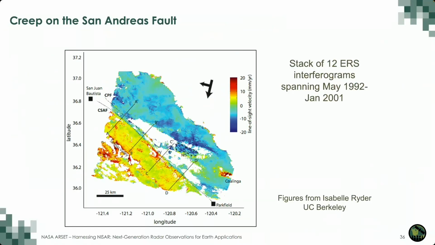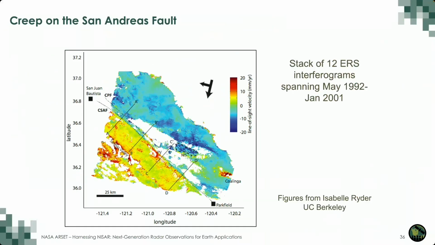And this particular part of the San Andreas Fault moves continuously at almost the full rate. So we can see after a few years this large area of discontinuous motion across the fault, showing that the fault is creeping, or moving aseismically.